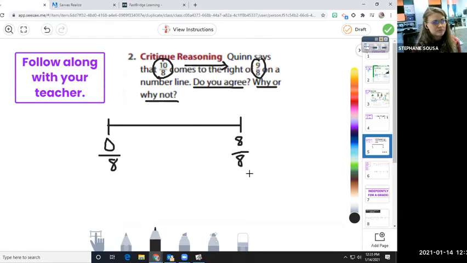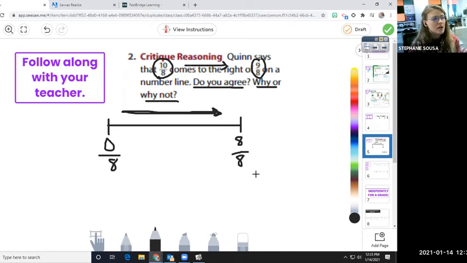All right. What happens as we move to the right? Do the numbers get larger or smaller as we go to the right? Show me with your fingers. Larger, point up. Smaller, point down. What happens as we move to the right, as we move this way? Good.